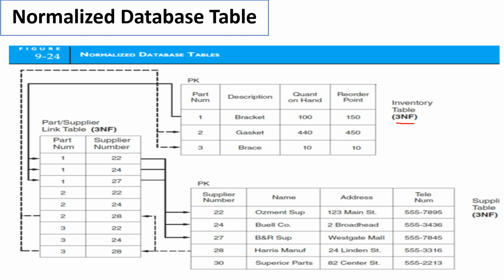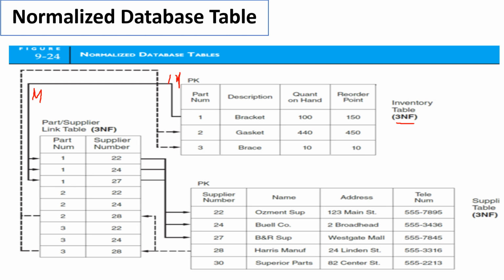So we see here the primary key is the part number. Let's say part number 1, it is one to many. This relation represents one to many.